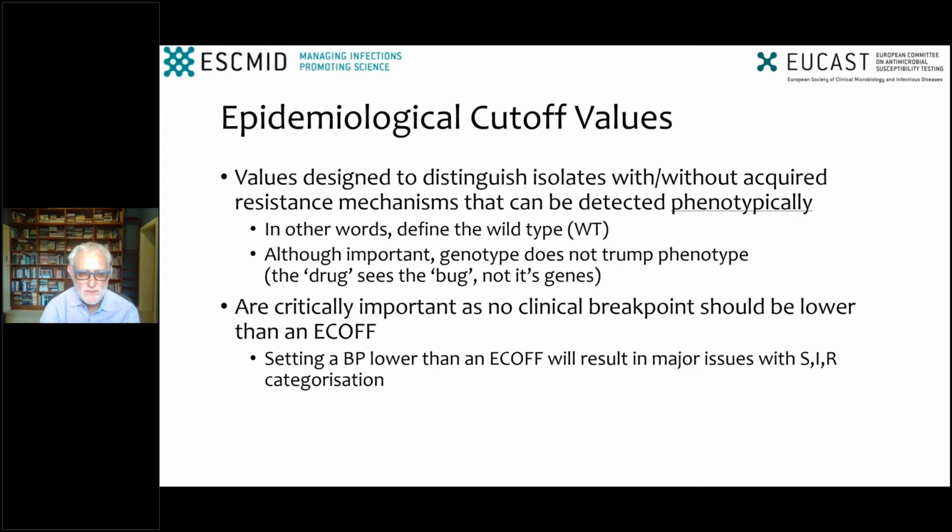You have to be able to find the effect of that gene phenotypically. So the wild type is strains that contain none of those phenotypically detectable resistance mechanisms. And when you see the wild type, you'll realise that it's not a single MIC, sadly, but follows a distribution itself.